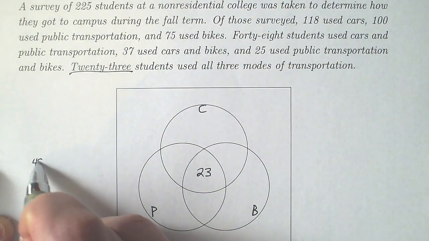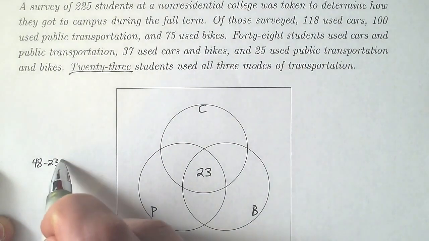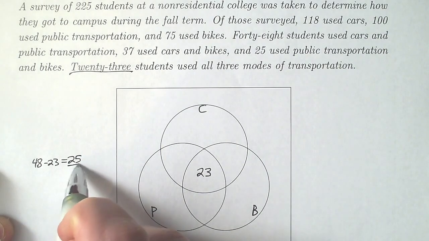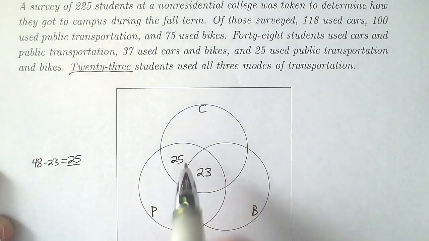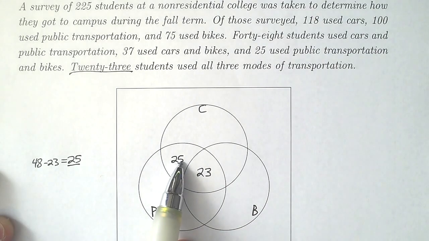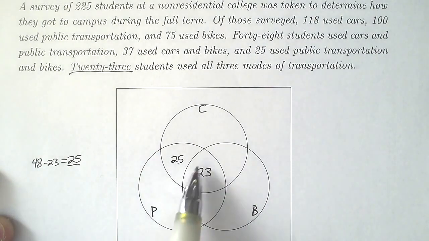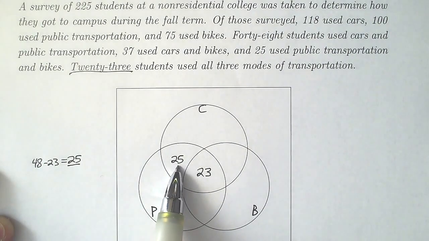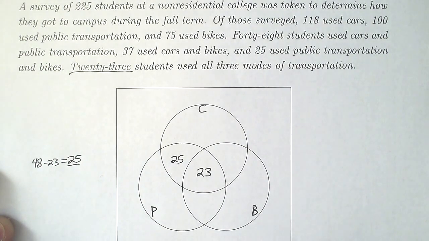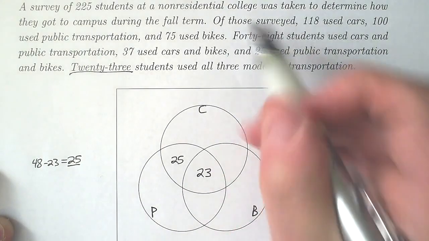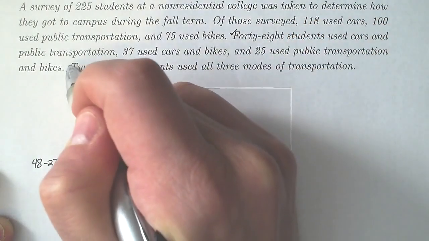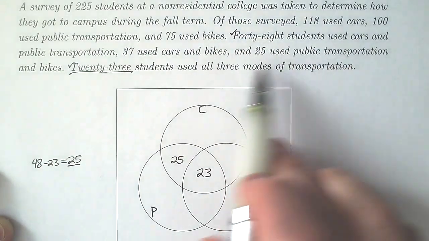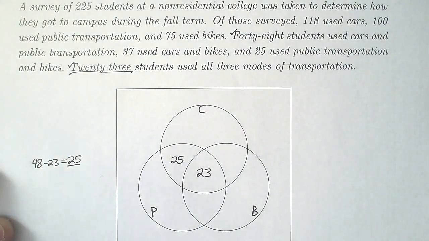So what I'll do is 48 minus the 23 we already have accounted for gets me 25. 25 goes in here. I'll just do my scratch work off to the side like that. If you want, you could go through and do a little check mark as you use parts of the problem to make sure that you don't use something twice.